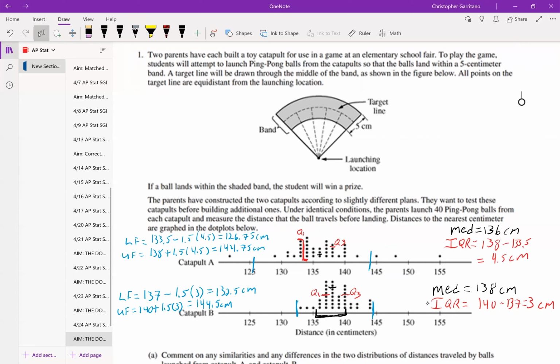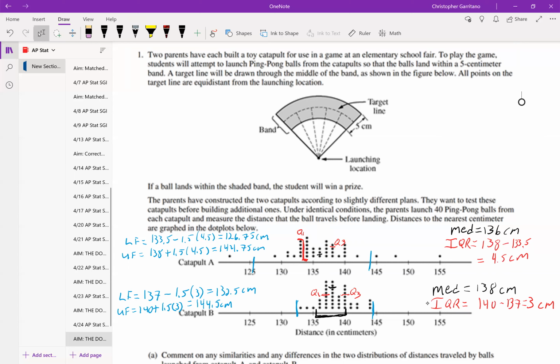On the left in the blue, you see my calculations for outliers, and it turns out that catapult A does have outliers. However, as you'll see in my answer, I don't actually mention the outliers because it's not a requirement. I'm doing this just to let you know that if you do say that there are outliers, make sure that you have verified that indeed they are outliers.